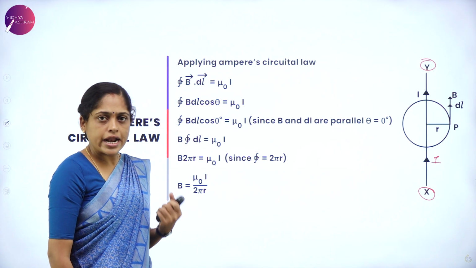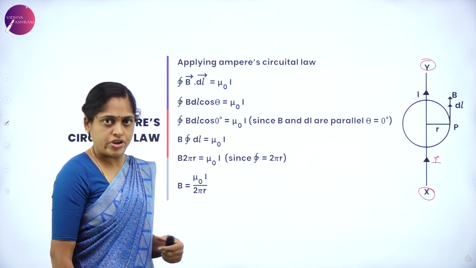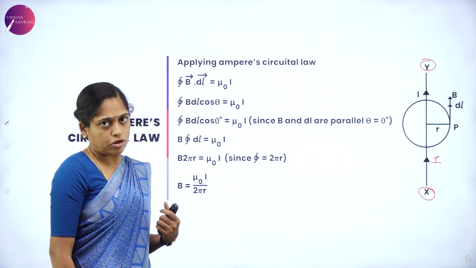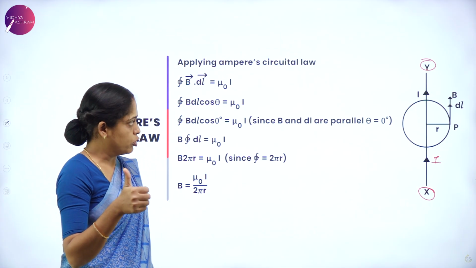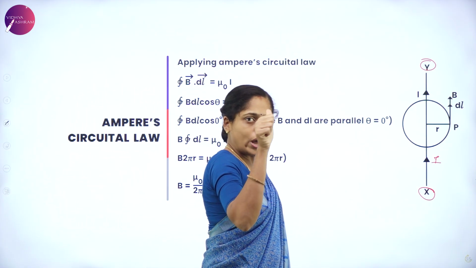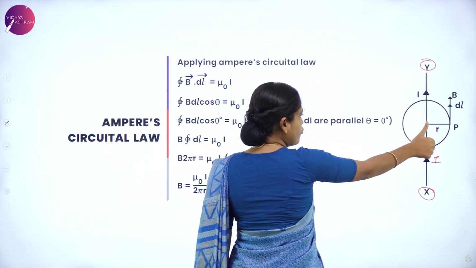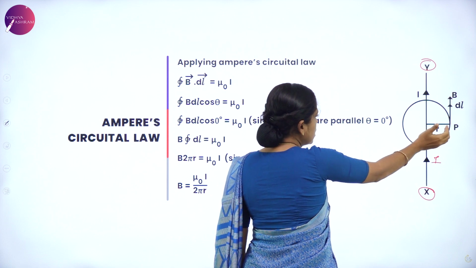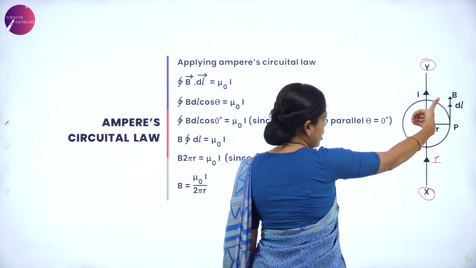As it is a current carrying conductor, around it there is a magnetic field, and the pattern of the magnetic field is circular. You can find this using the right hand thumb rule, where you use the thumb in the direction of current, and the curved fingers represent the direction of the magnetic field.